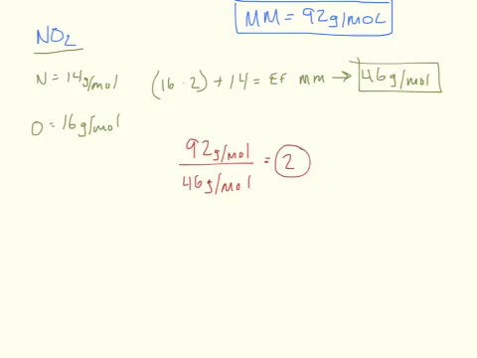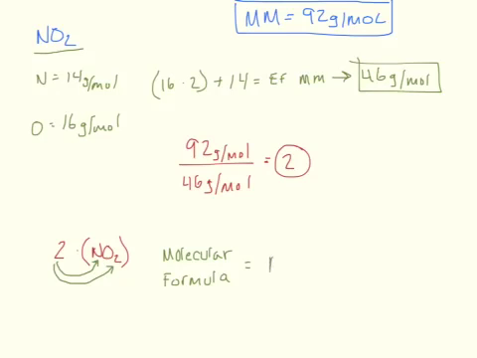What we do with this 2 is we're going to multiply it 2 times our empirical formula, NO2, which means I'm going to now have 2 times 1 is 2 nitrogen, 2 times 2 is 4, so our molecular formula is N2O4.